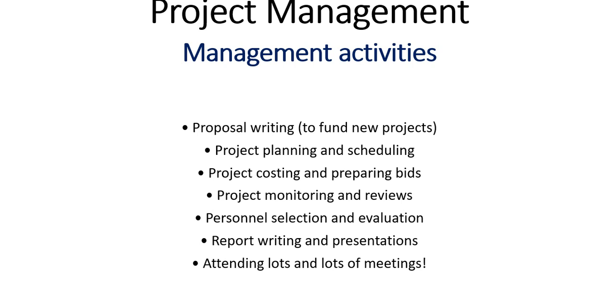We write proposals to actually identify the problem at hand, and there are many reasons why we write proposals. We then get into project planning and scheduling. You come up with your plan. We'll talk about several plans that you may come up with, and how to come up with a schedule later in this lecture. Then project costing and preparing bids.